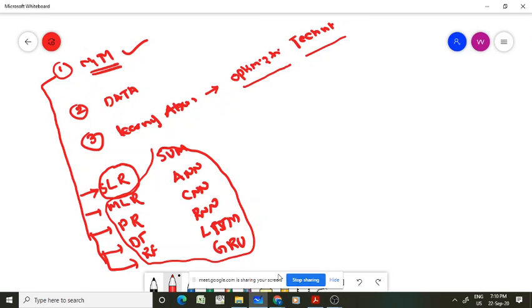The process will be the same, but the mathematical relations and mathematical modeling will change. If I want to demonstrate how the optimization technique is helpful for machine learning, I have to choose one model. So I am choosing the simple linear regression model to demonstrate how optimization techniques help to learn the model based on the available data. Fine.